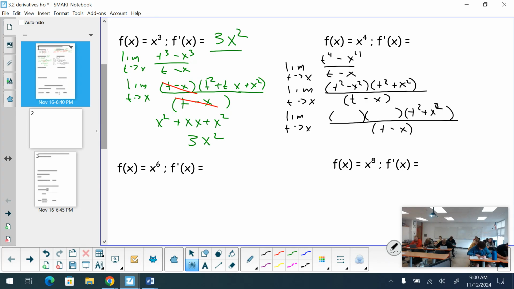We can factor our t squared minus x squared again as a difference of perfect squares. We should still get our same canceling of t minus x's, and then substitute in your x for all your t's and simplify that down. Check your answer with somebody around you.